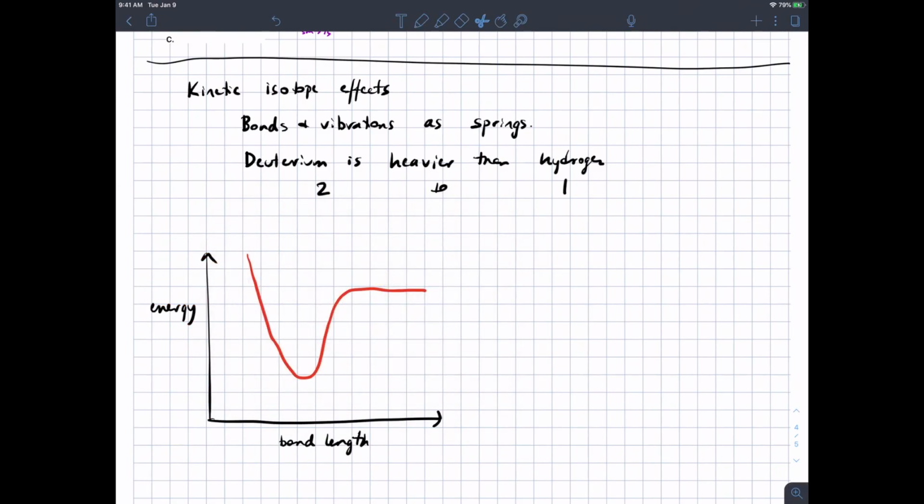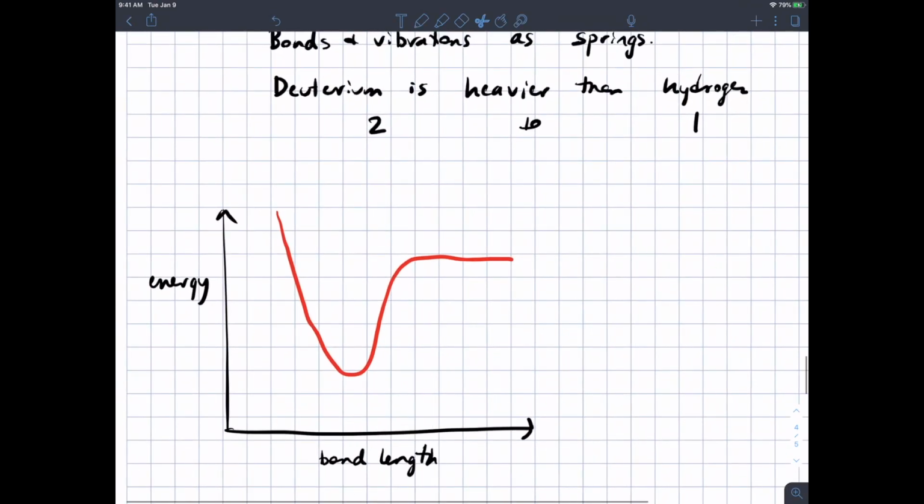All right. And there are various vibrational levels that can occupy this potential well. By the time you get up here, you've got total dissociation, or in this case, for this diagram, it would be sort of homolytic bond cleavage.